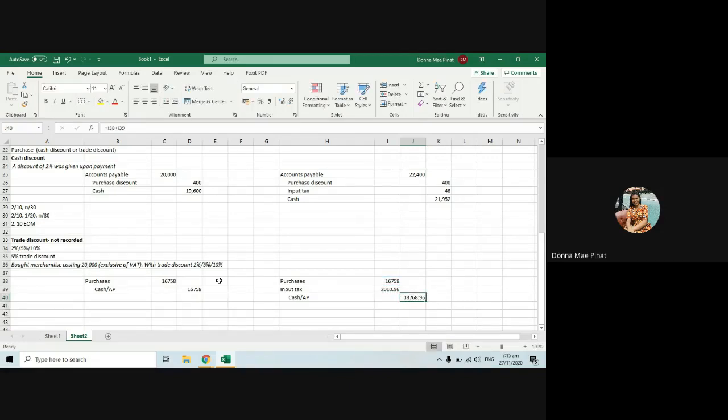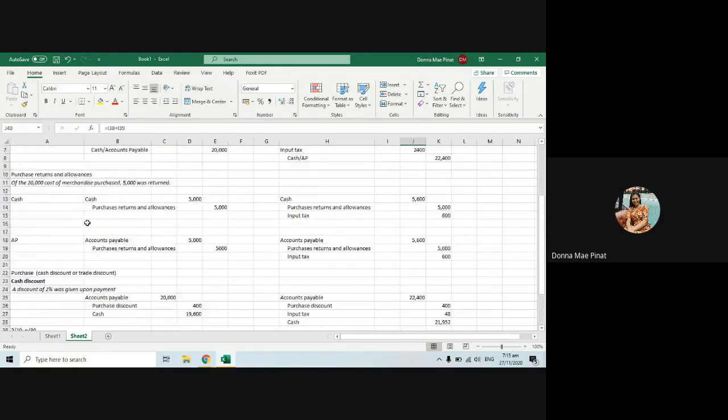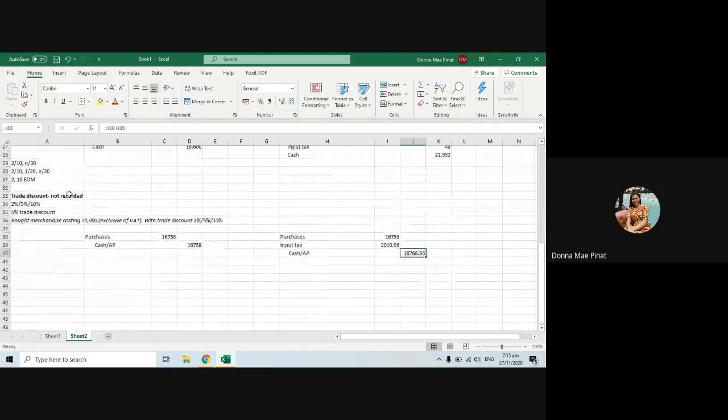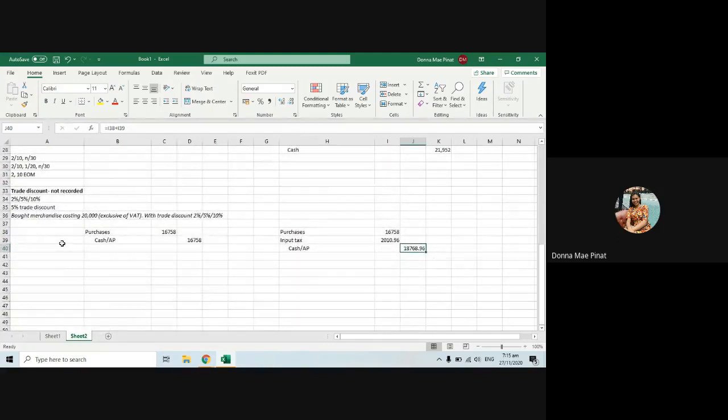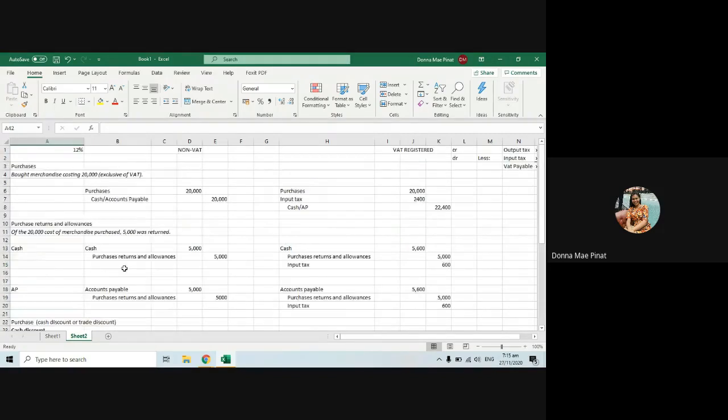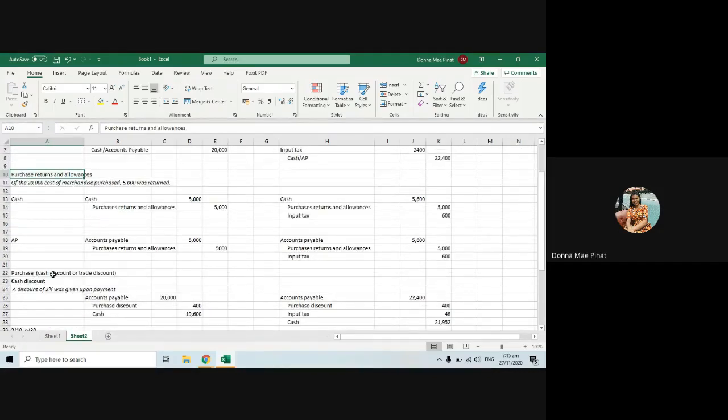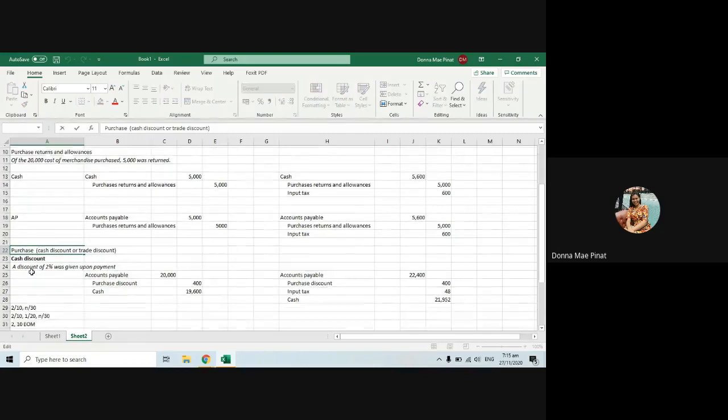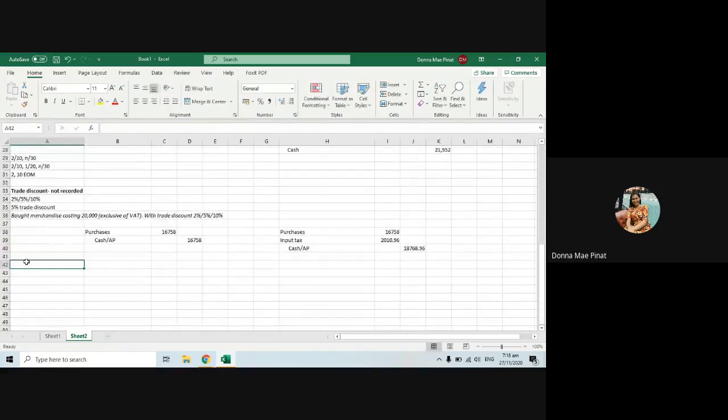Imubayran, dayon dili na siya recorded. So, how about sales? Kato ganina kay purchases man. Naka-discuss na tag purchases, purchase returns, cash discount, trade discount sa purchases. Karon punta na sa sales.